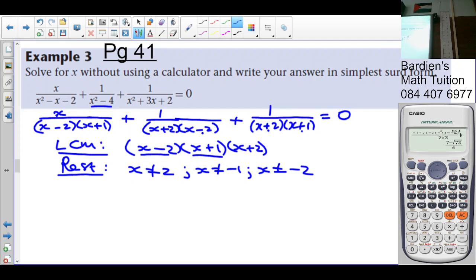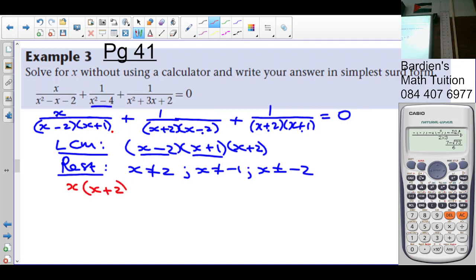So we ask ourselves, what must the first denominator be multiplied by? x plus 2. Okay? So we got x into x plus 2.